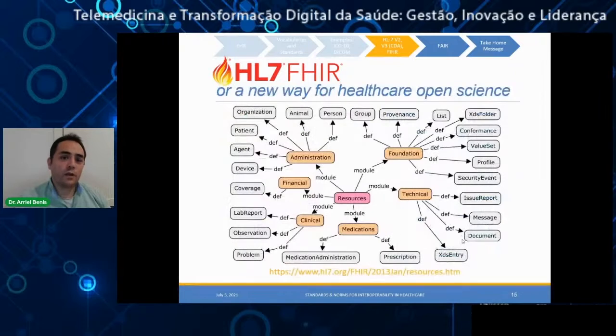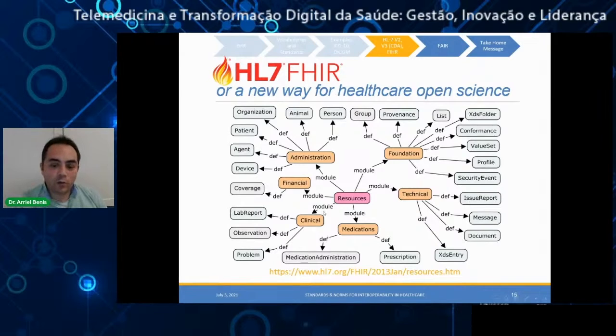And when we are talking about FHIR, you can see here that the resources are defined with specific blocks related to administrative data, finance, clinical perspectives, medication, not as a direct component of the clinical one, but an isolated one, which can relate also to pharmacy, and technical issues.